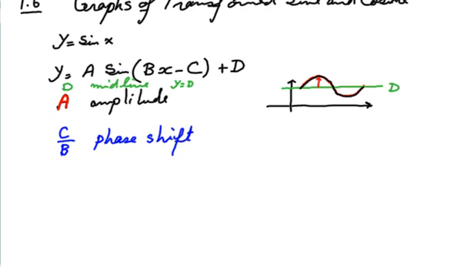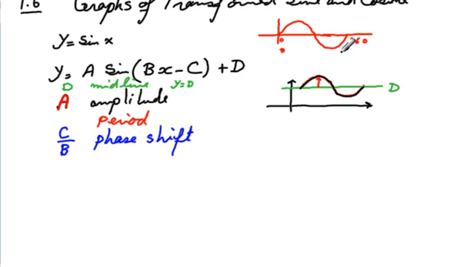And we have another concept here, which is the concept of period. This original sine function, you remember, repeats itself every 360 degrees. So from 0 to 360, the picture repeats.